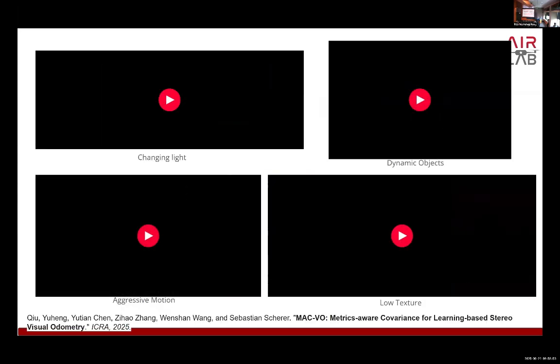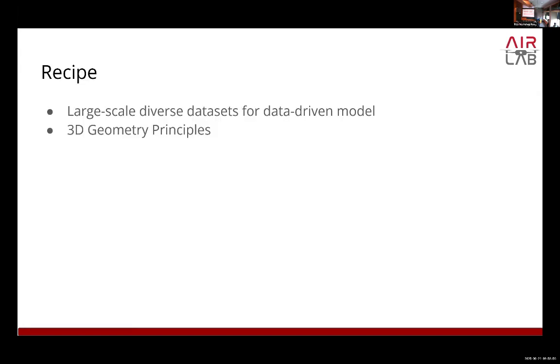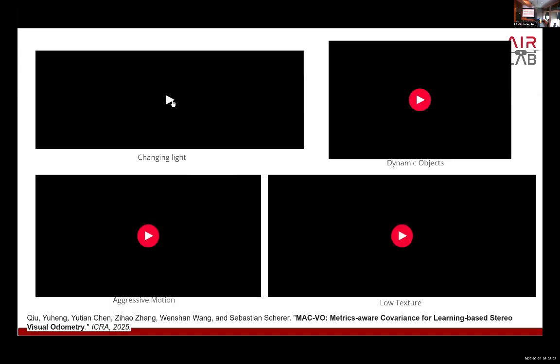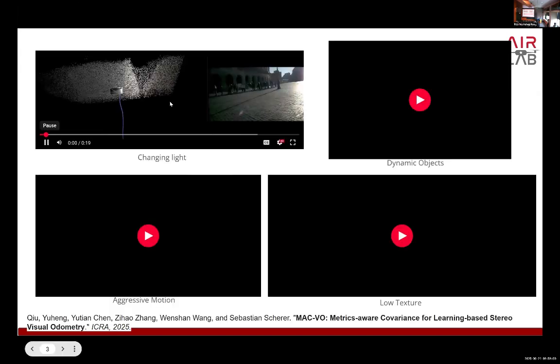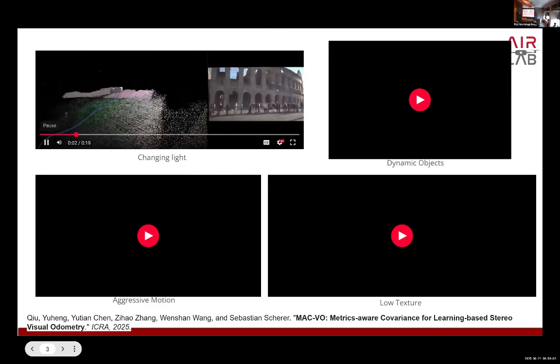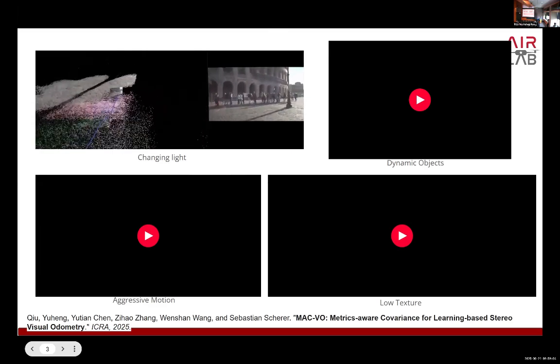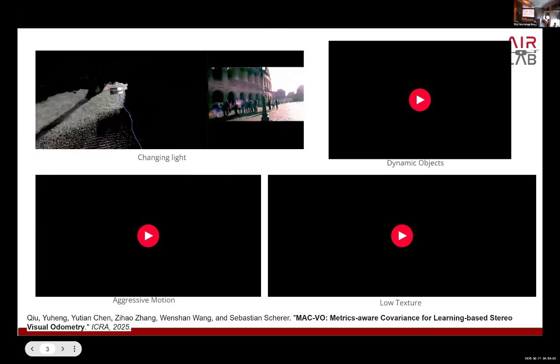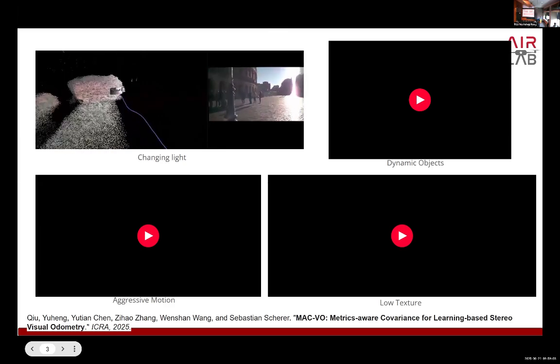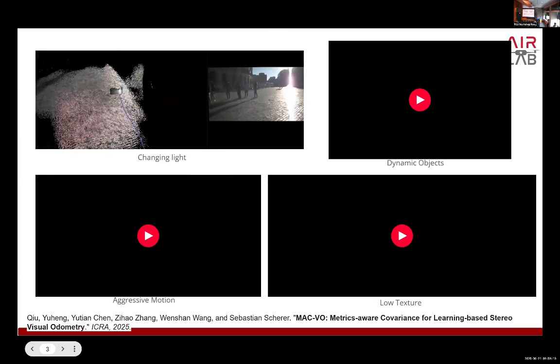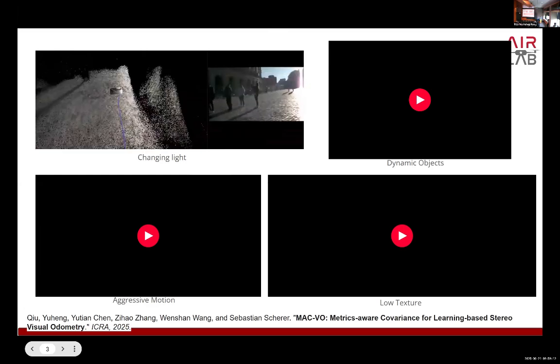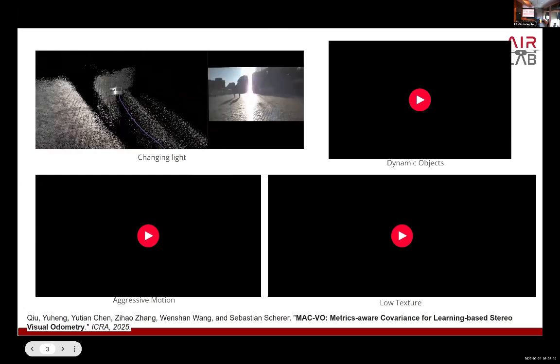So this is just one example of our recent model. We developed this VSLAM model, which I will go into in a little more detail later, that can run reliably in all kinds of challenging environments.